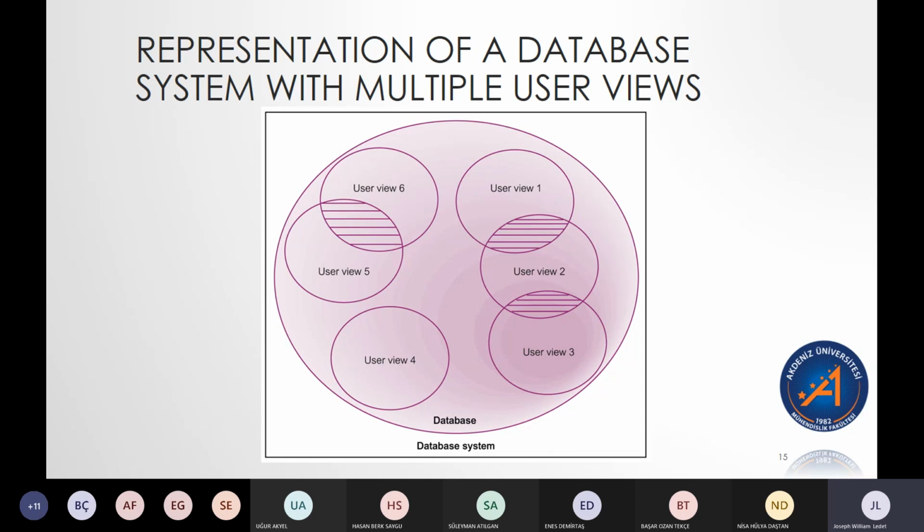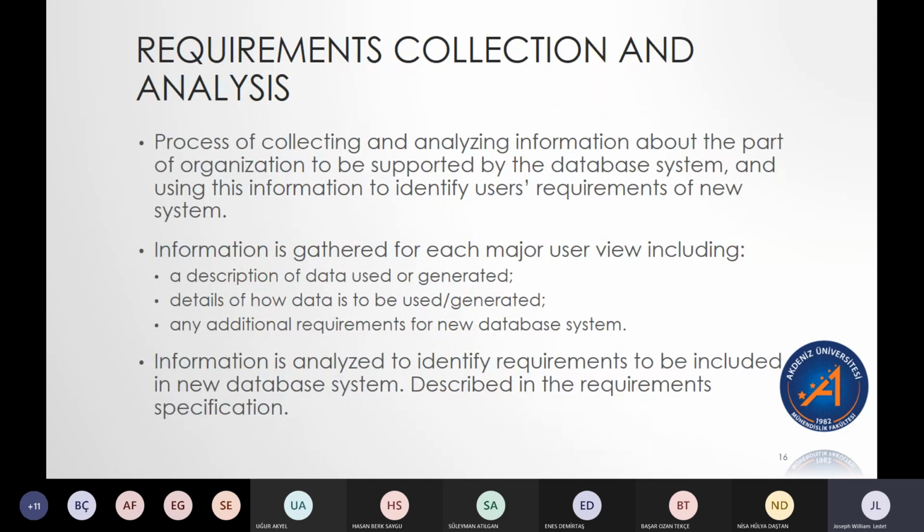So we've planned it. We've defined the system. What about getting requirements, right? What about collecting information to understand what our users' requirements are? There's lots of different ways of getting requirements.